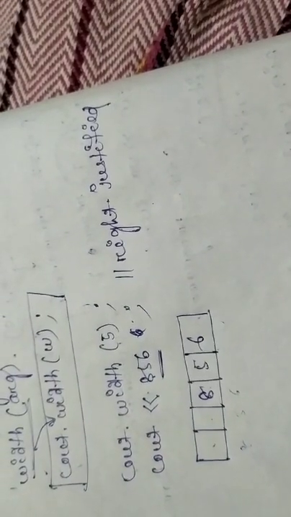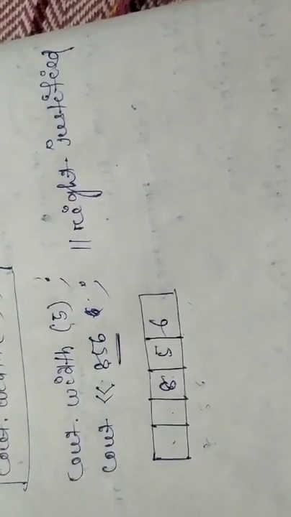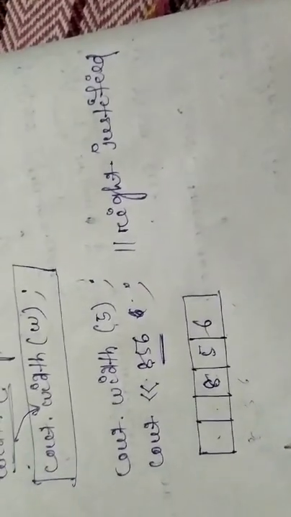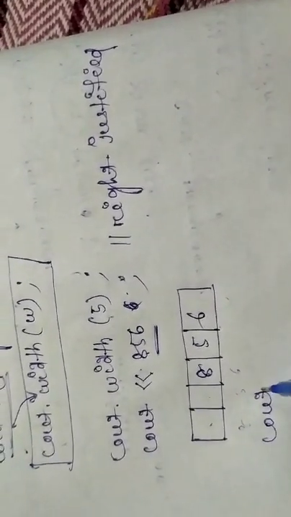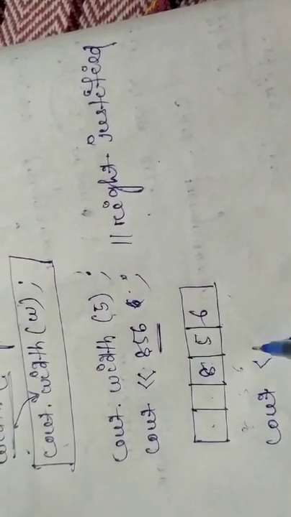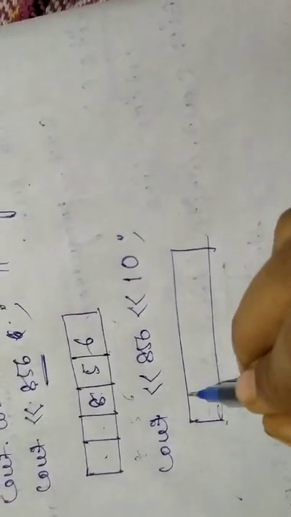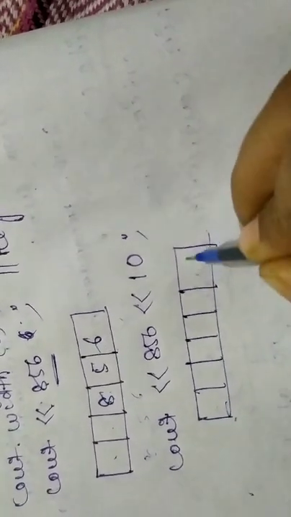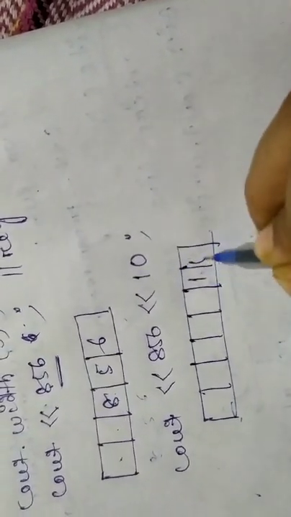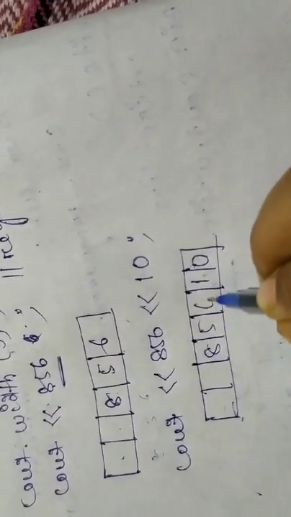So C++ never combines other values. Like if we write cout.width(5), then cout 345, then an extra 10, this will be written here.